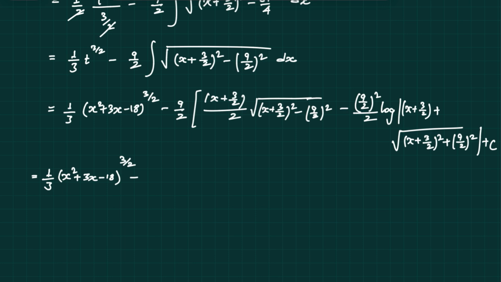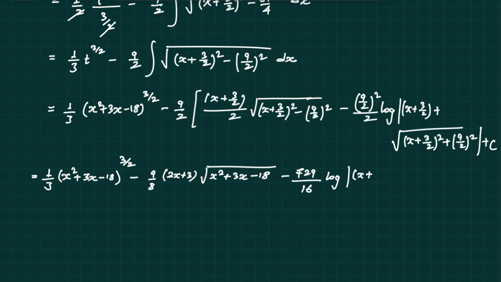Then you will have the final answer as 9 by 8 (2x plus 3) into square root of, if you simplify this, then you will get x square plus 3x minus 18 minus 729 by 16 log of (x plus 3 by 2 plus square root of x square plus 3x minus 18) plus c.